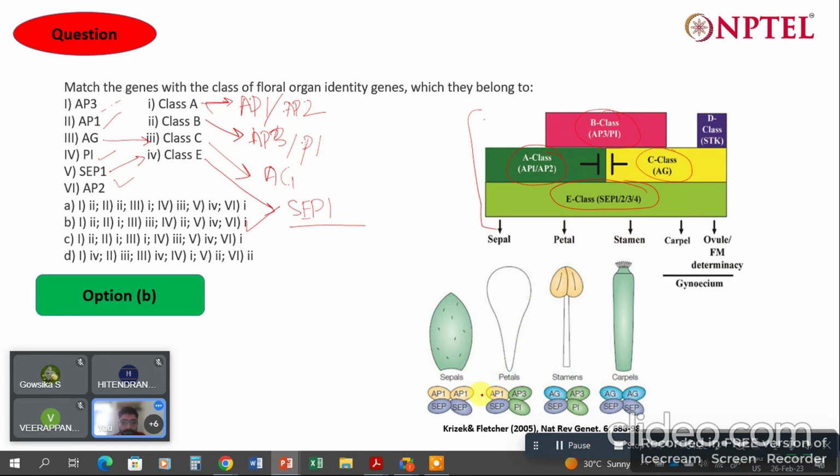And here we can see how different floral organs are developed using the combination of different genes. Okay, so any doubts in this question? Anyone?